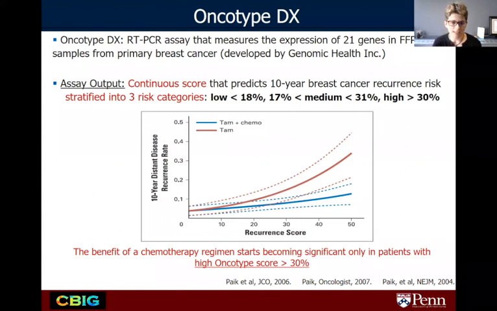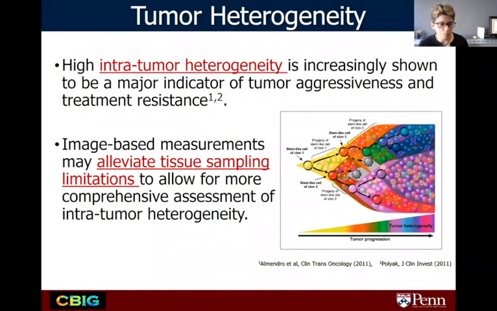It's an assay based on the expression of 21 genes that the company Genomic Health developed, based on retrospective and prospective validation, and it provides a score based on which the oncologist can decide whether or not a patient may require chemotherapy based on the molecular characterization of the tumor. And so one would say, okay, we have all these great tools.